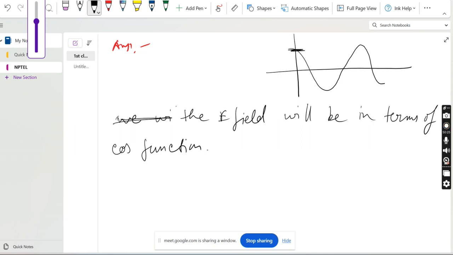So the cos function will be equal to E0 cos kx minus omega t.